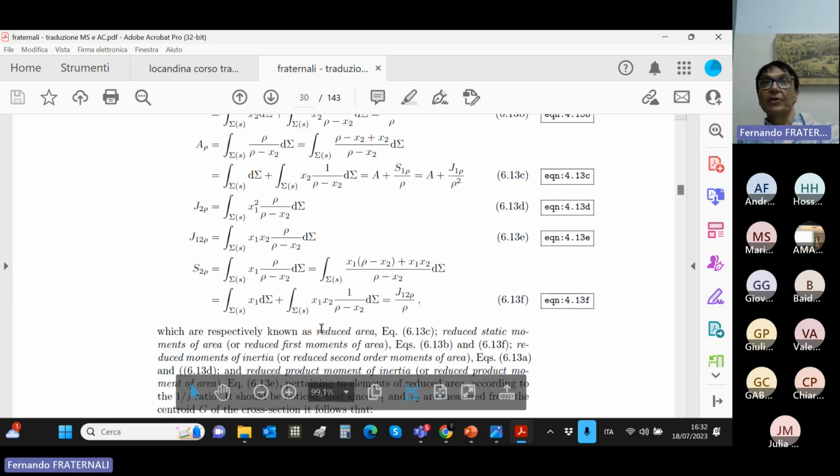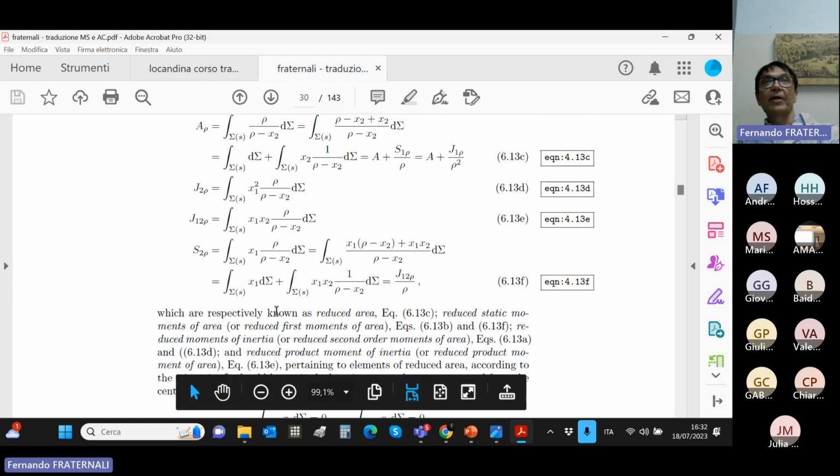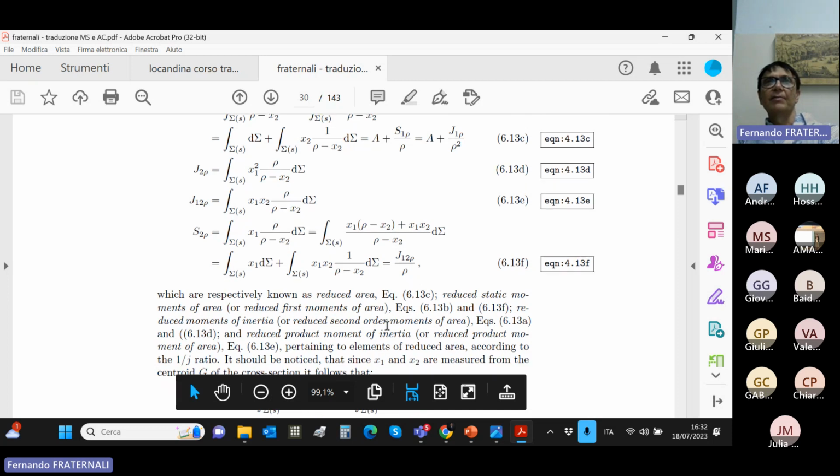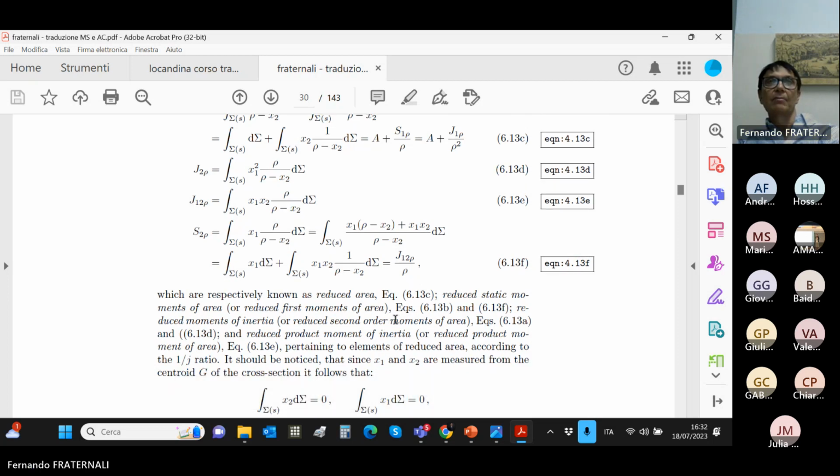So we have defined a reduced area, reduced static moments or reduced first moment of area, reduced moment of inertia or reduced second moment of area, using the English notation, and reduced product moment of inertia or product moment of area, which is J12 rho.